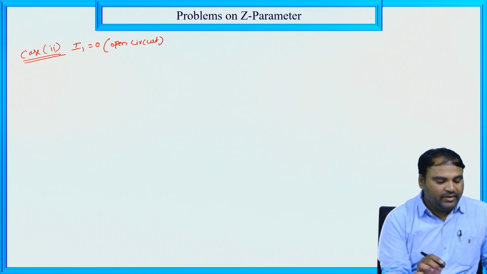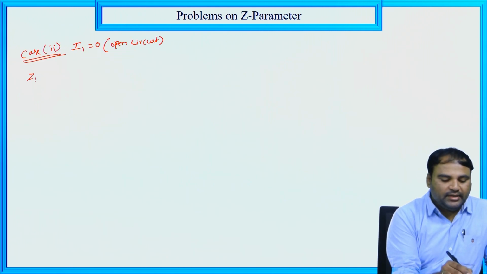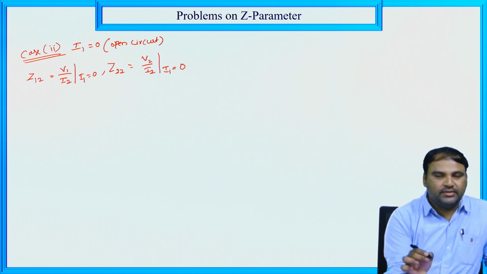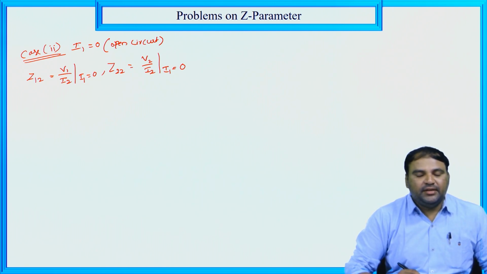If I1 is equal to 0, we'll get Z12 and Z22. So Z12 equals V1 by I2 when I1 equals 0, and Z22 equals V2 by I2 when I1 equals 0. Here are the remaining two parameters' equations: Z12 equal to V1 by I2 and Z22 equal to V2 divided by I2.